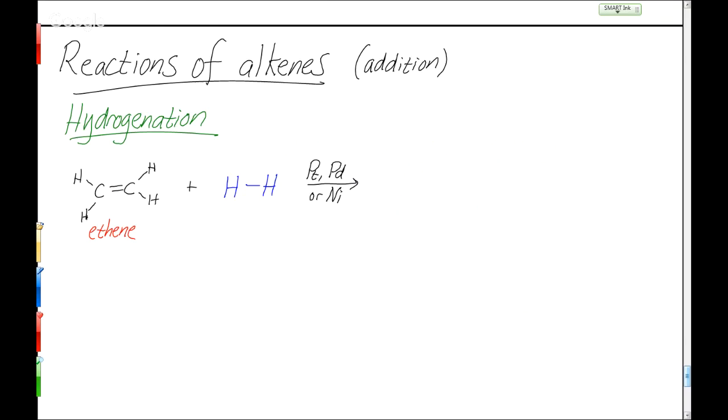You pick your catalyst. The hydrogen adds to the catalyst first, and then the alkene also adds down to the catalyst and is reacted with the hydrogen in that way. So when you've done that, what happens is the hydrogen adds across the double bond.